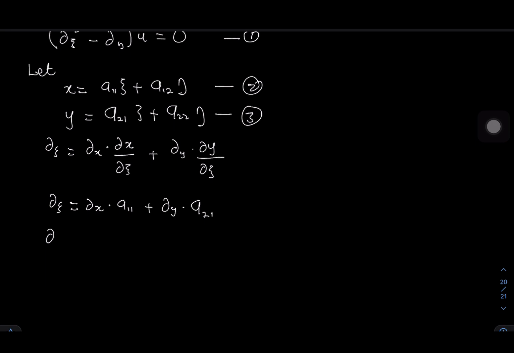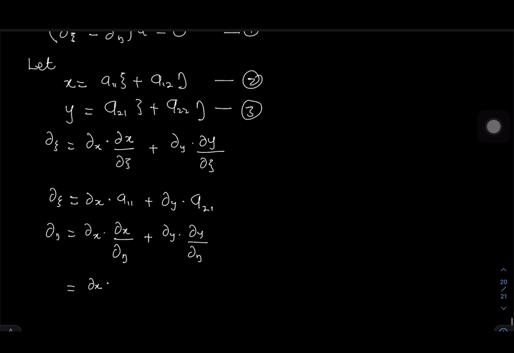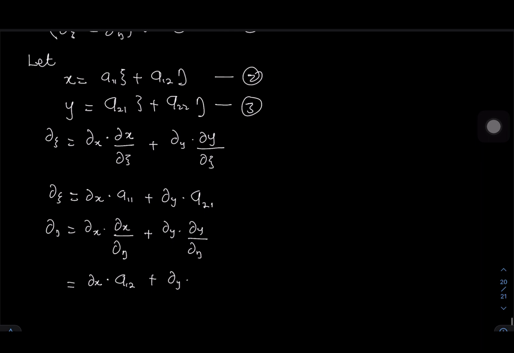Now what of del u del eta? That's going to be del u del x del x del eta plus del u del y del y del eta. And that is going to still be, del x del eta is going to be a12 similarly, and you're going to have del y del eta, that's going to be a22.